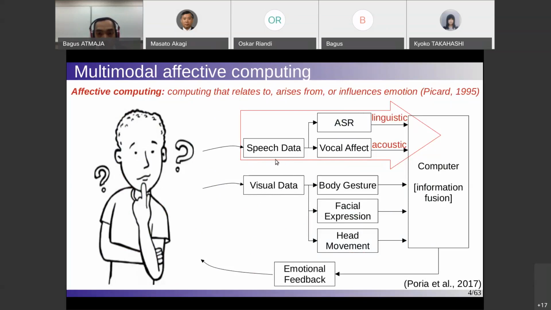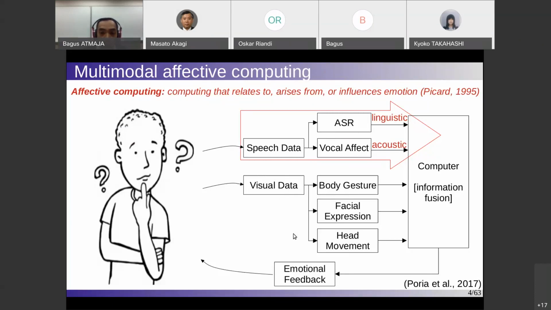For speech data, we can obtain linguistic information as text transcription using automatic speech recognition, or ASR, and we can also directly obtain acoustic features. Visual data can be split into body gesture, facial expression, head movement, hand movement, and other body movement.